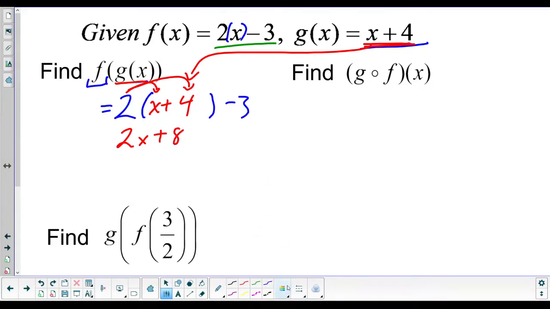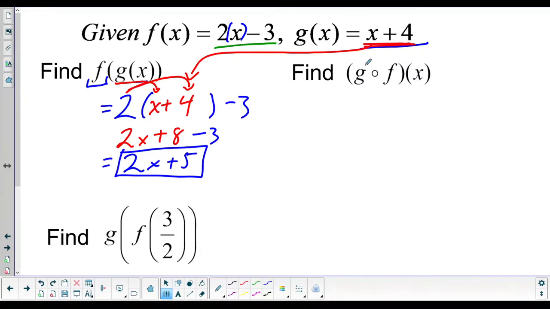We haven't used this minus 3 yet, so bring it down. We can't just get rid of it for no reason. Now the 8 and the minus 3 are like terms, so we can combine those. So 8 minus 3 is 5, and our answer is 2x plus 5. And that is the composition of f of g of x. This is your answer, and you're done.